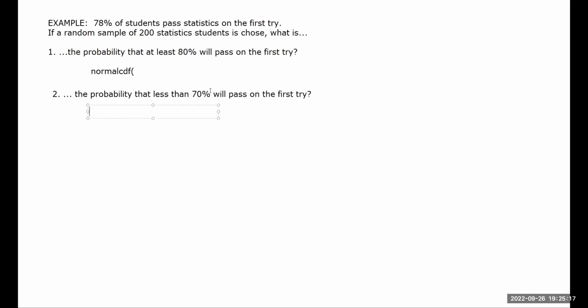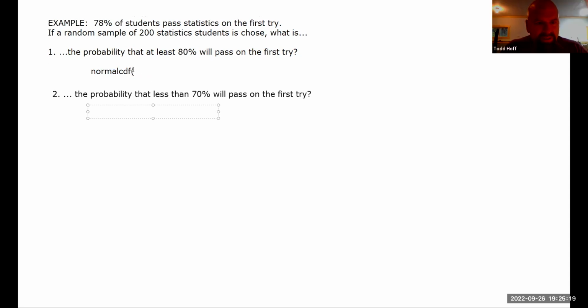Thank you. You bet. So this command up here was 0.8 to positive infinity or 1 because it's a proportion. 0.78 and then the square root of that part does not change. So this one being less than 70% will be a similar command.